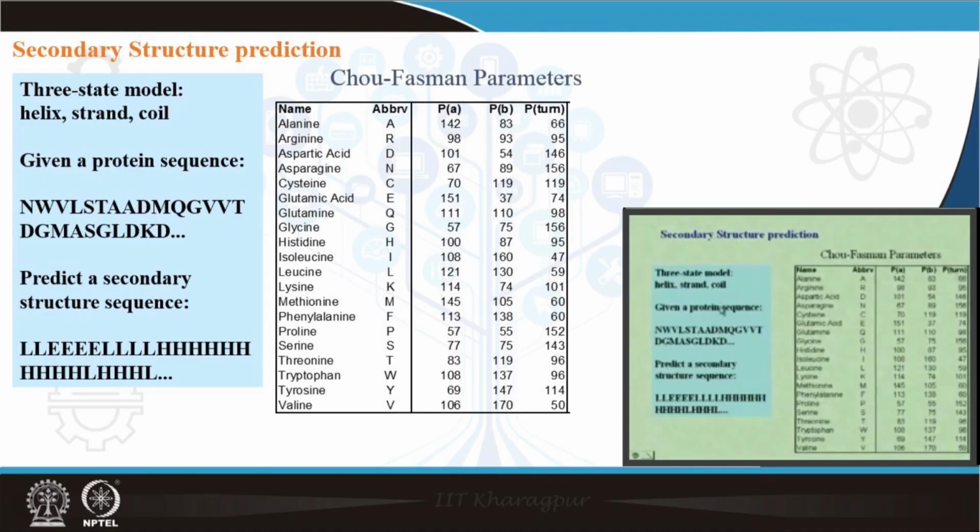Because what do you want to do? You have your protein sequence. You want to know where your loops, this is L, that's another notation that is also used apart from C, so you want to know where the coils, or the turns, or the loops are. You want to know where the helices are, and you want to know where the sheets are.